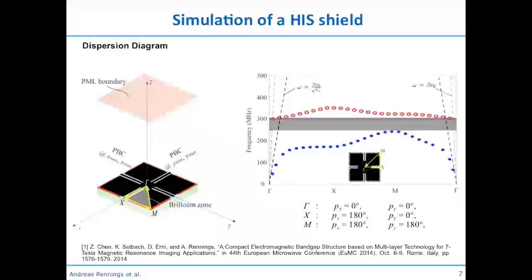And there, as I said, it's an eigenmode simulation. There we specify the phase shift from that boundary to that one here, and from this one to this one. And then we let HFSS calculate the corresponding resonance frequency.